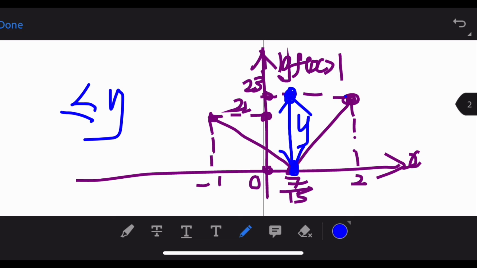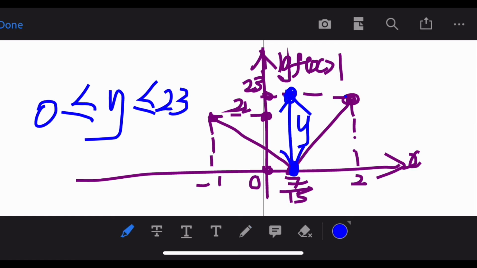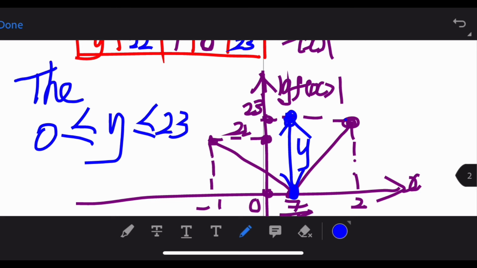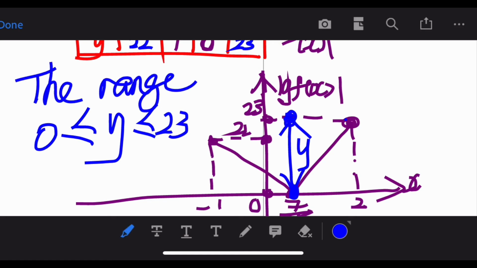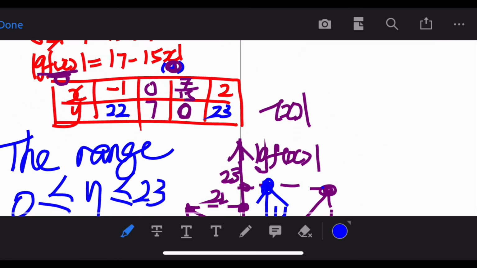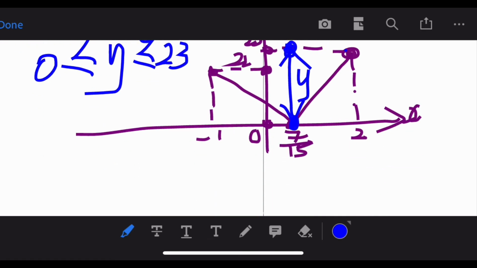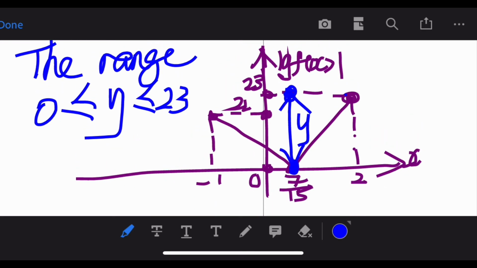Instead of saying y value or function value, it starts from 0 and the highest value of y is 23. Alright, so this is the range of the function. The range means the minimum to maximum value of the function, following the domain of x from -1 to 2. Alright, so this is the modulus graph.